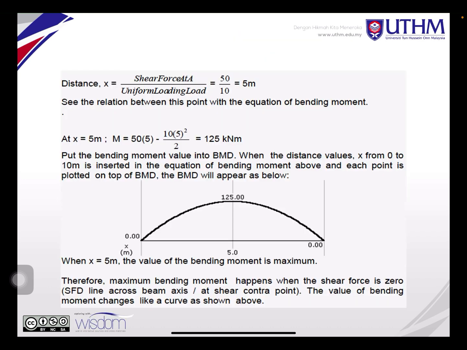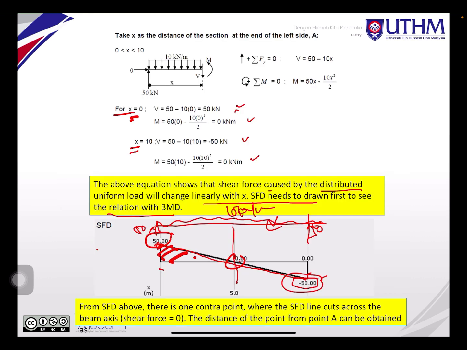Then you will calculate the moment by using the area method, if you are using the area. So now you can see that the moment at x equal to 0 and x equal to 10 is both 0. So how can you plot it?